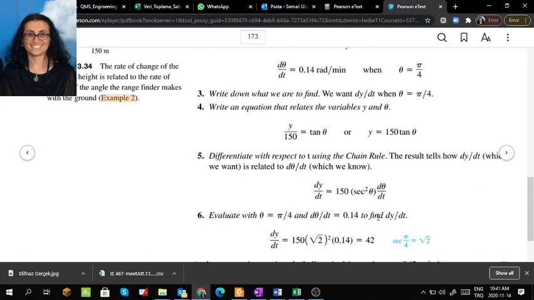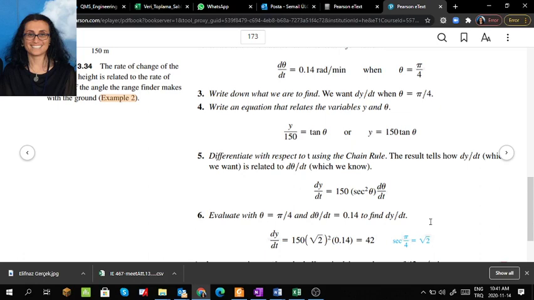We are given d theta/dt, put it in, and we are given theta, which is pi over 4, put it in, and we get that dy/dt is 150 times secant squared of pi over 4. Secant pi over 4 is 1 over cosine pi over 4.